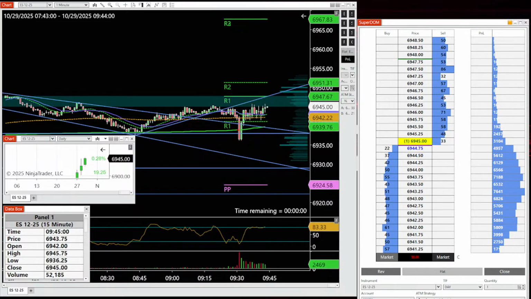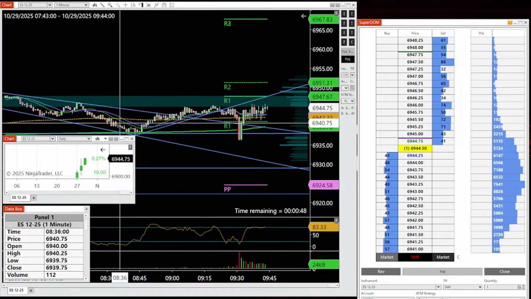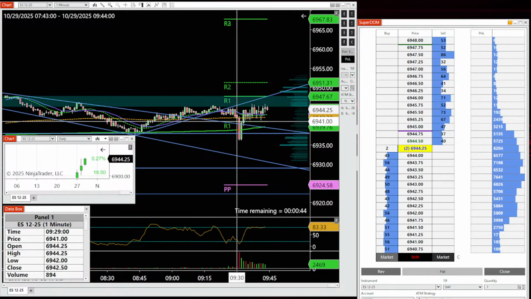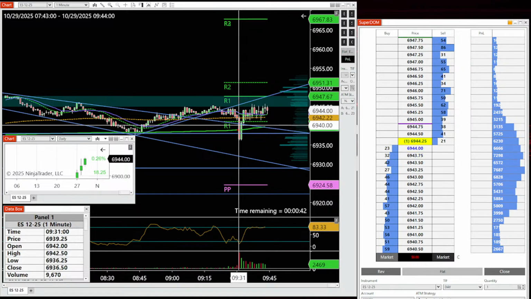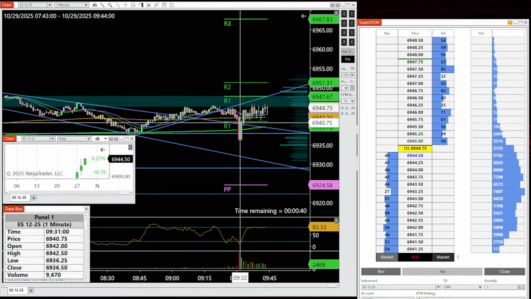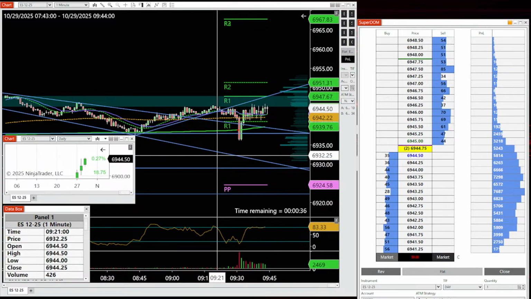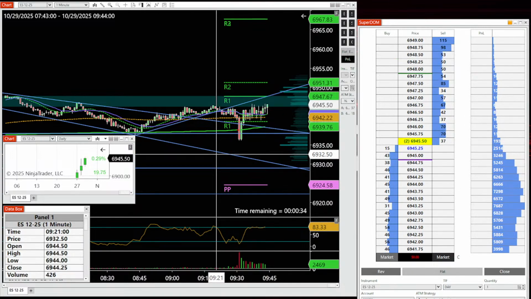Could be touching support. This 40 would have been the impulse buy to try to catch 4 points, but I didn't want to take that either.